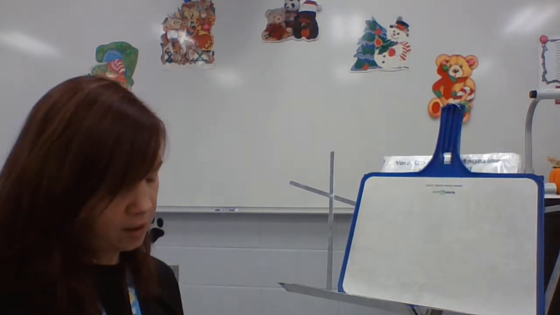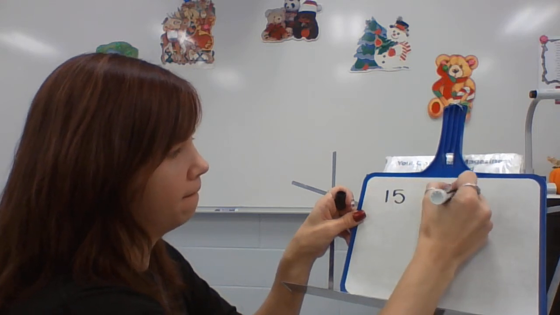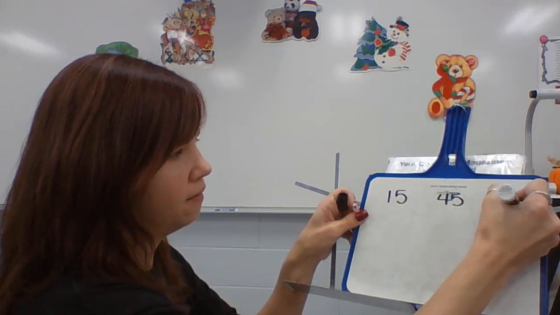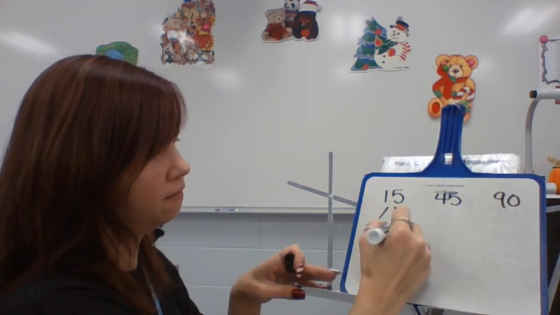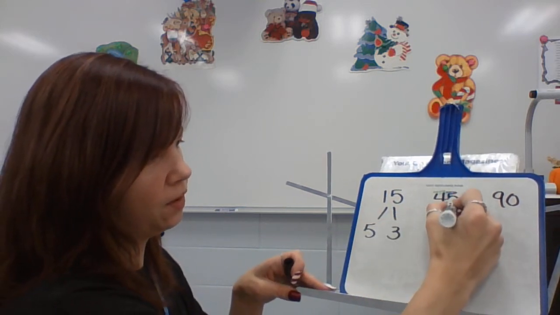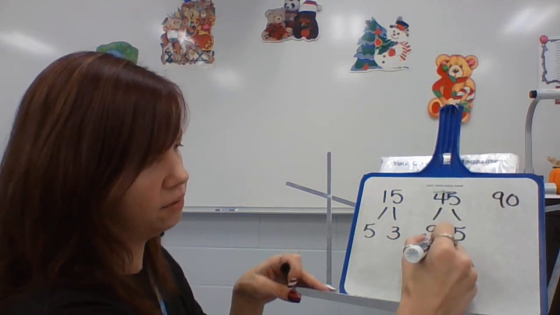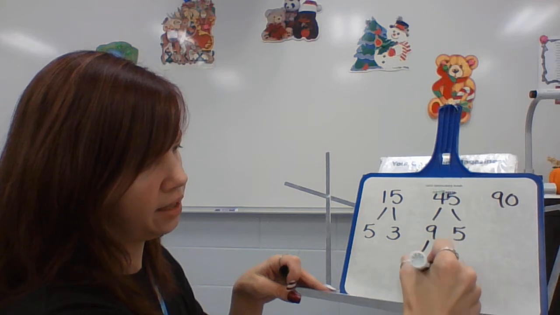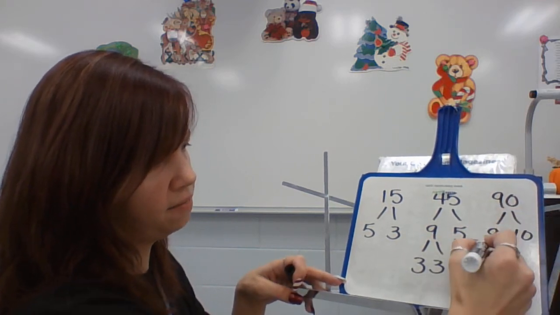Okay, so let me show you what I mean. So if I have the number 15, 45, and 90. 15, 5 times 3. 45, 9 times 5. 3 and 3. And 90, 9 times 10.